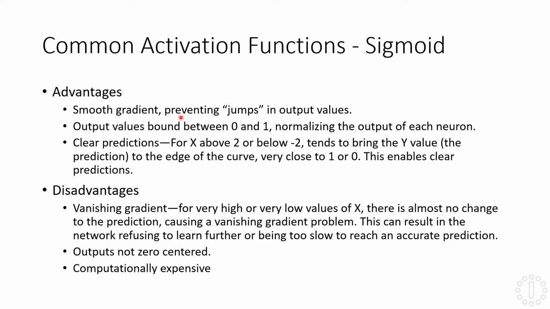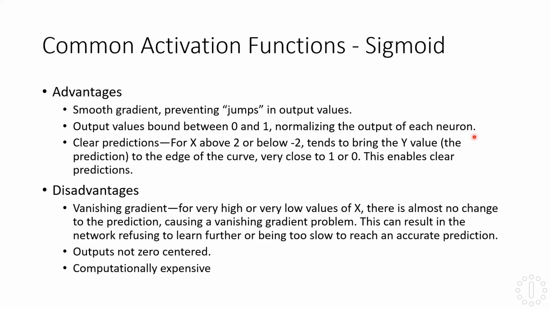The advantage of the sigmoid function is that the gradient is smooth and therefore we don't get any jumps in the output values. So the output values won't differ too much. Then the output values are bound between 0 and 1, so the output of each neuron is normalized.